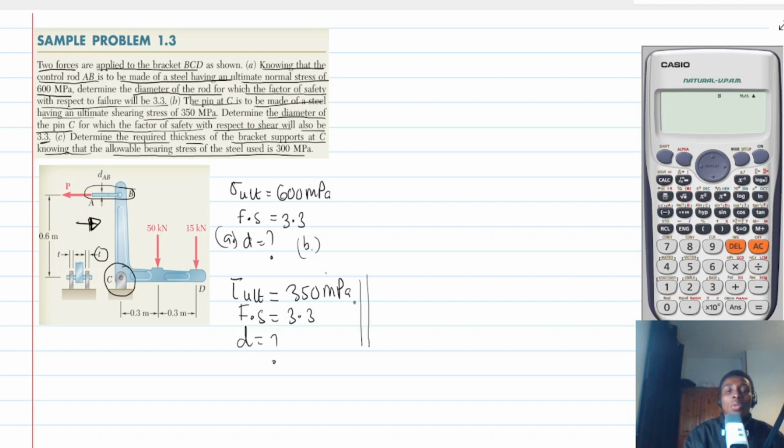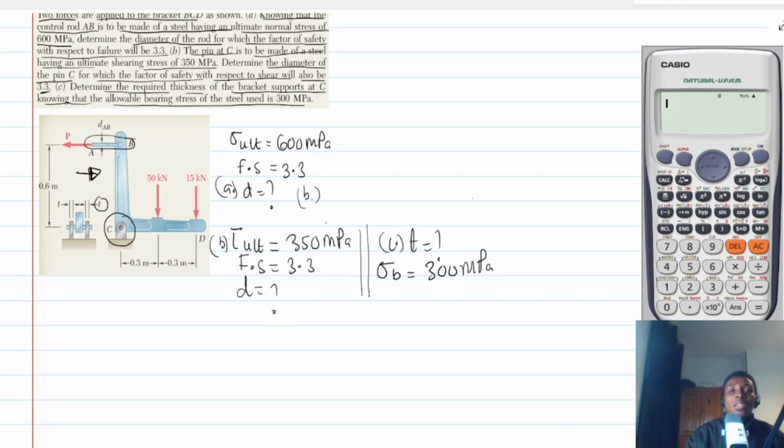Okay, so part C, we should determine the thickness T of the bracket support at C, knowing that the allowable bearing stress of the steel used is 300 megapascal. Okay, so this question is pretty much simple.